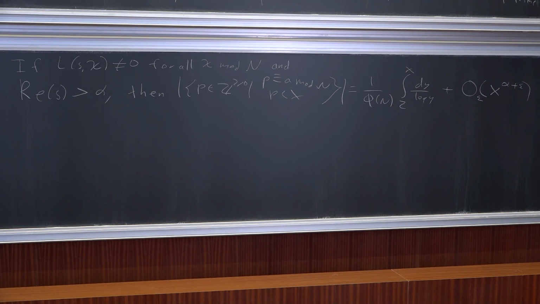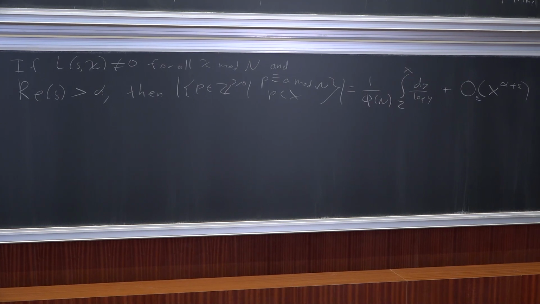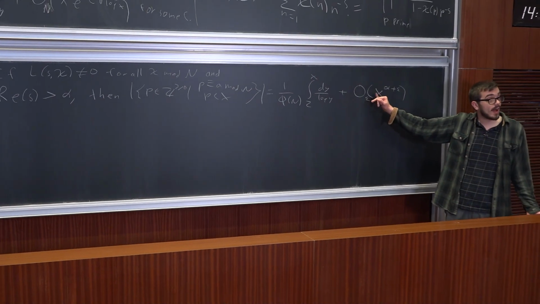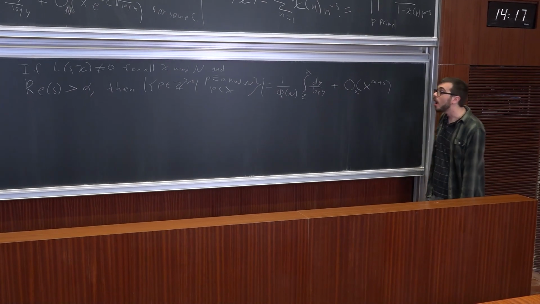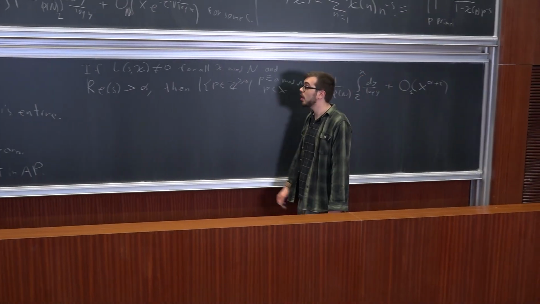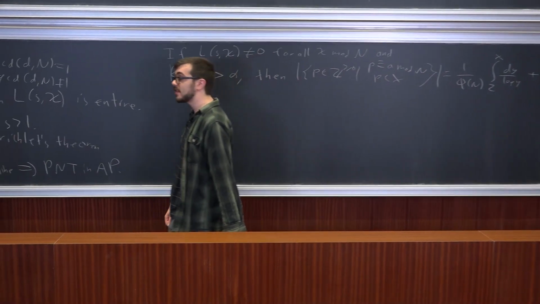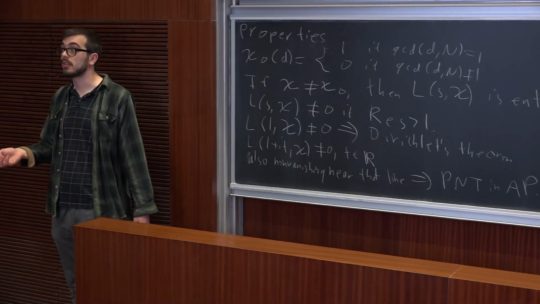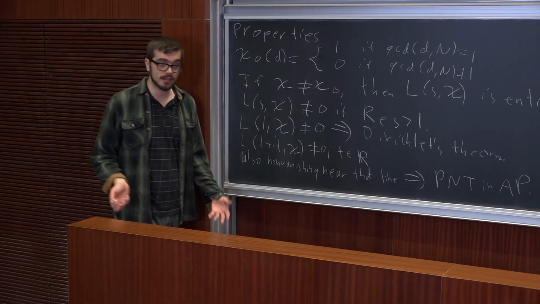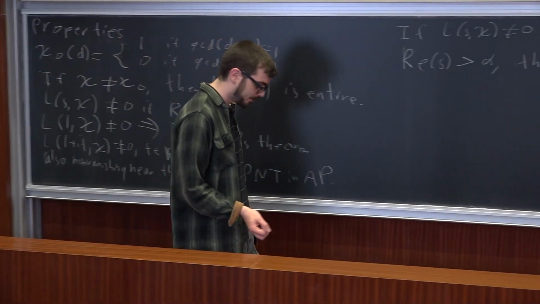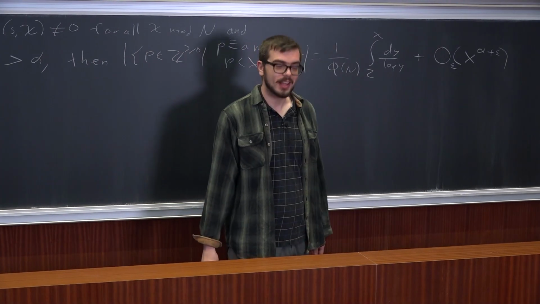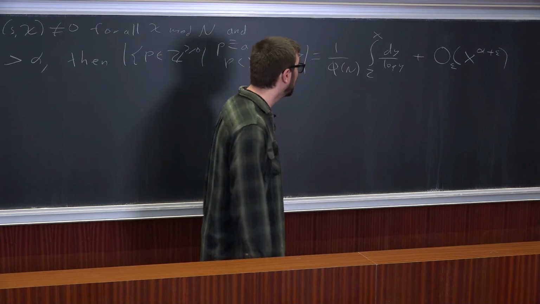So if you want to get a power savings, you want to get an estimate of size x to the 5/6 here, for example, all you need to do is show non-vanishing of this L function at all points with the real part greater than 5/6, which is probably very, very hard to do.